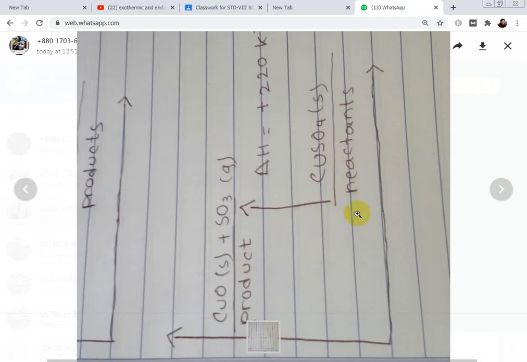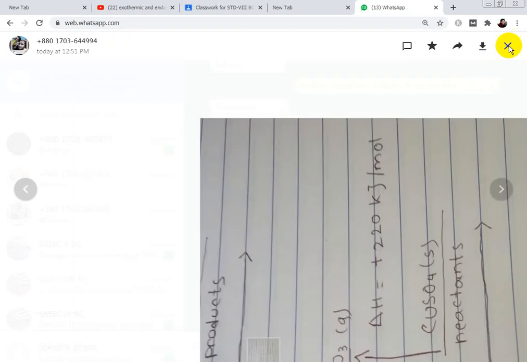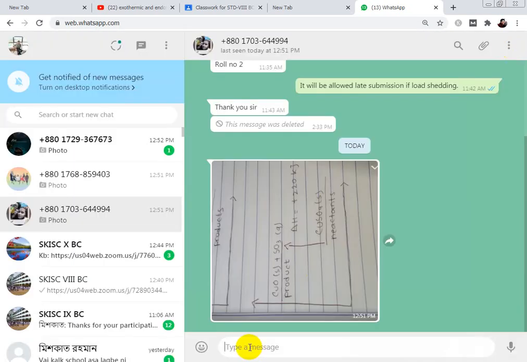This is correct, but you didn't write what is on the x-axis. On the x-axis you should write progress of reaction, and on the y-axis you should write energy. This you have mistaken. So you shouldn't get excellent, you should get good.